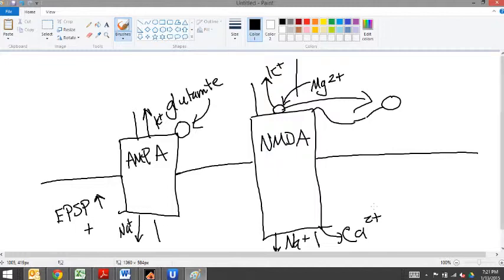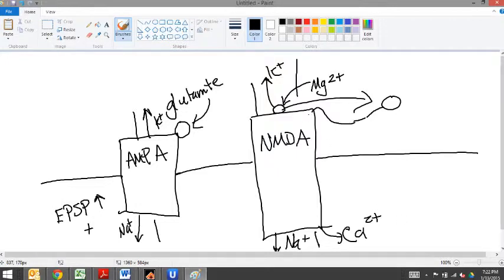So the main difference between NMDA and AMPA receptors is NMDA receptors will allow for calcium to flow into the cell, and calcium initiates all sorts of changes that are necessary for neuroplasticity and, by extension, what we would consider learning and memory.